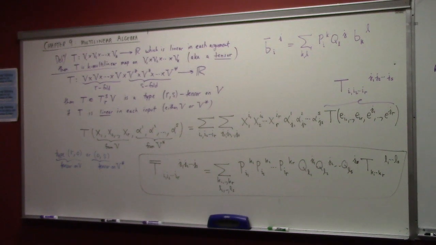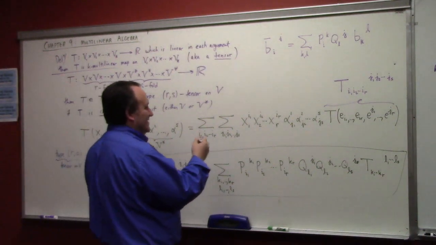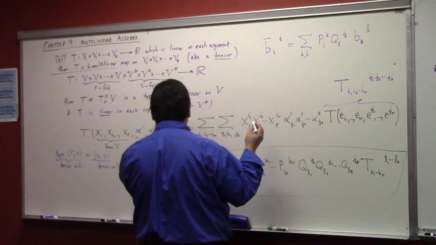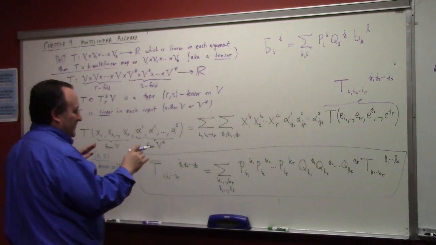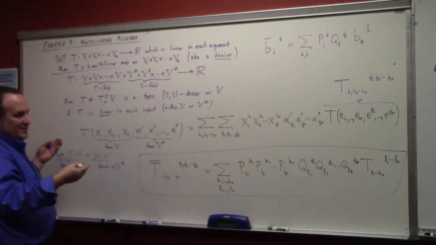So in the multi-index notation, oh, you know what I didn't do here yet? Let me write something in the multi-index notation. I didn't write the formula for t itself, right? This is a formula for what t does on this tuple of things, right?